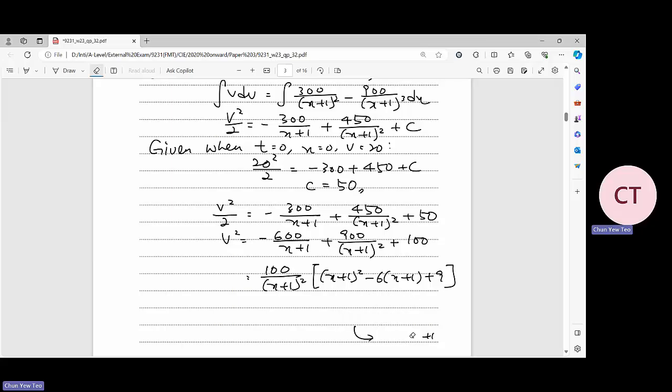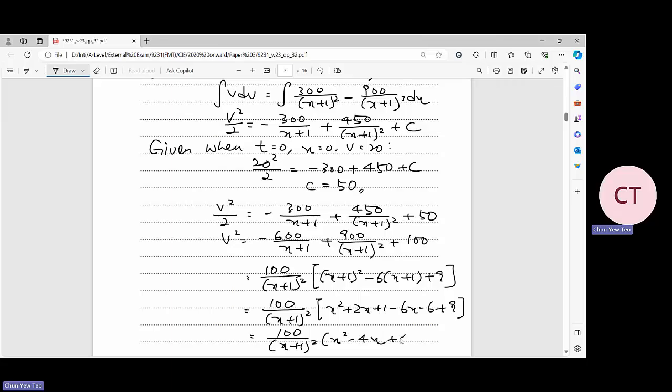So over here, I directly factorize. Maybe we expand, so that all of you here can see it clearly. If I expand and simplify, I have x squared plus 2x plus 1 minus 6x minus 6 plus 9. One more step, you will get x squared minus 4x plus 4.